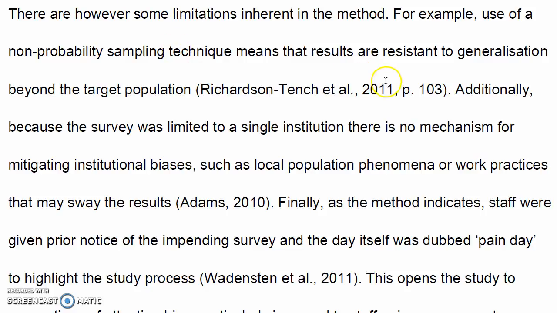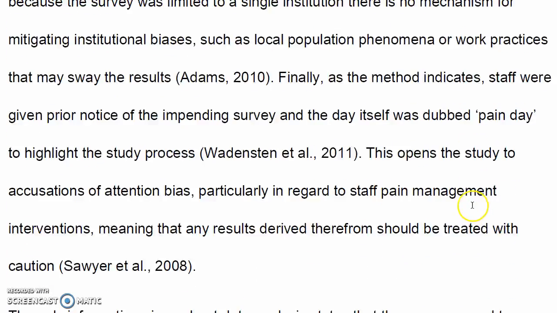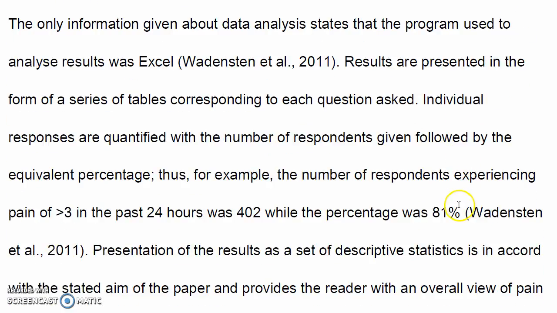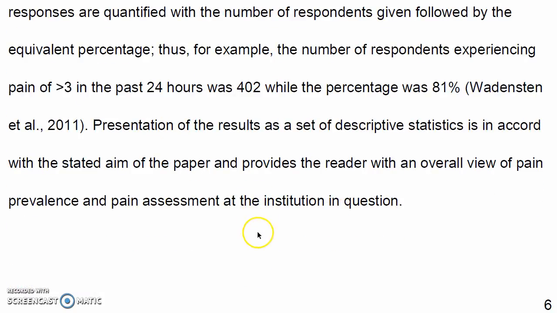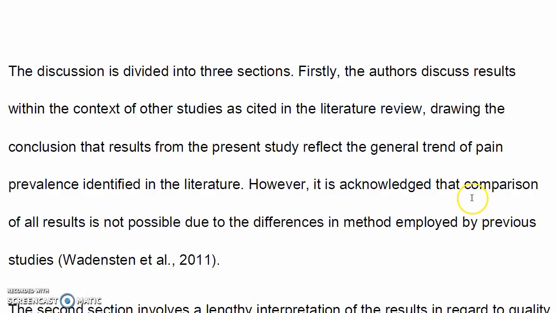Additionally, because the survey was limited to a single institution, there's no mechanism for mitigating institutional biases. Lovely, very nice sort of critique there. Okay, data analysis. Don't get much detail. Presentation isn't in accord with stated aims, blah, blah, blah.